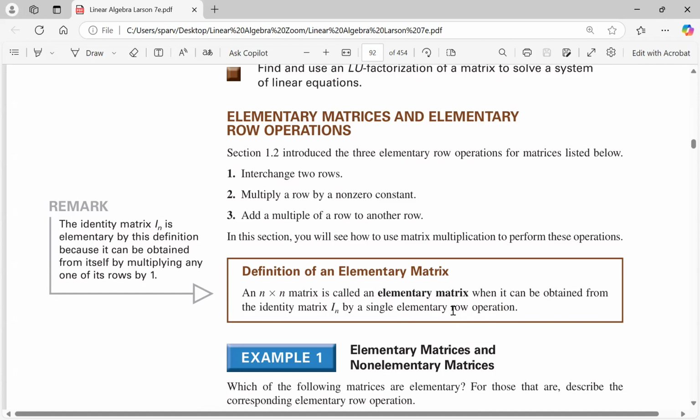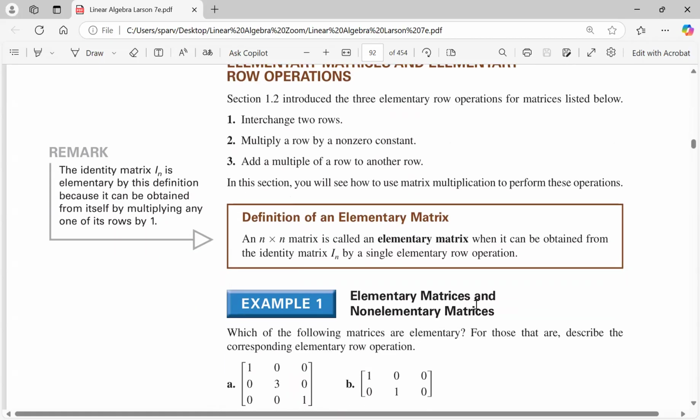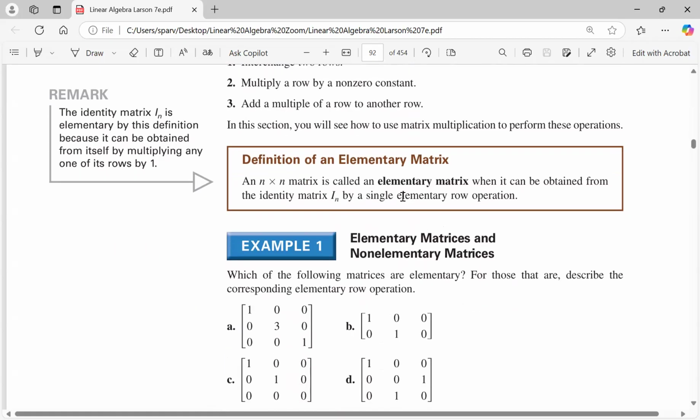And the third one is you can add a constant multiple of one row to another row. So those are the 3 elementary row operations. Therefore, we have 3 types of elementary matrices as a consequence, because these are done using elementary row operations.